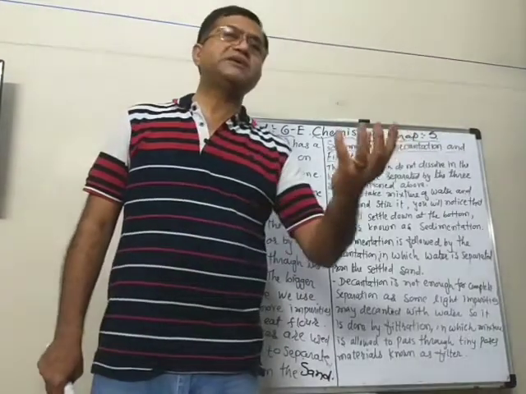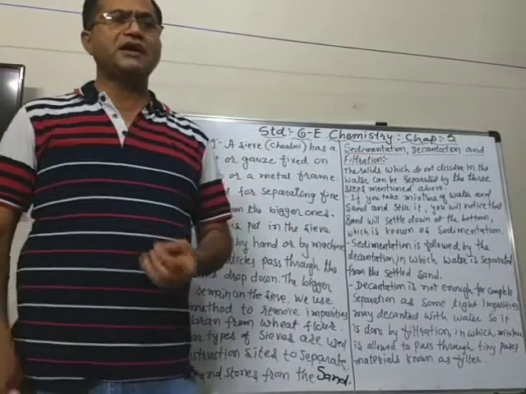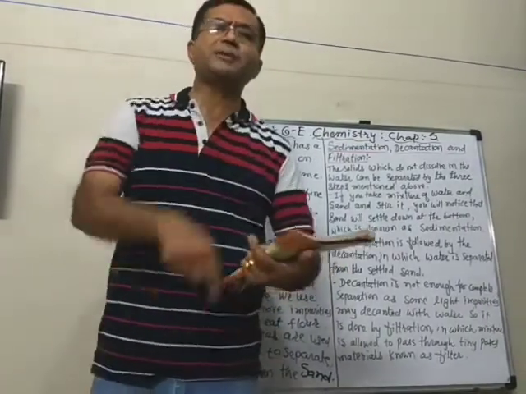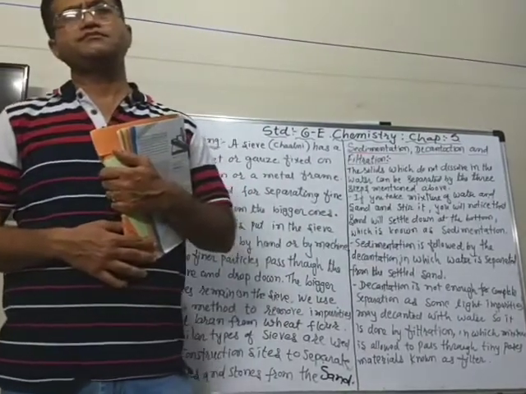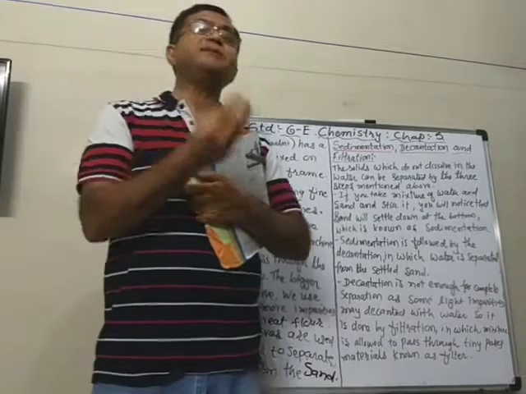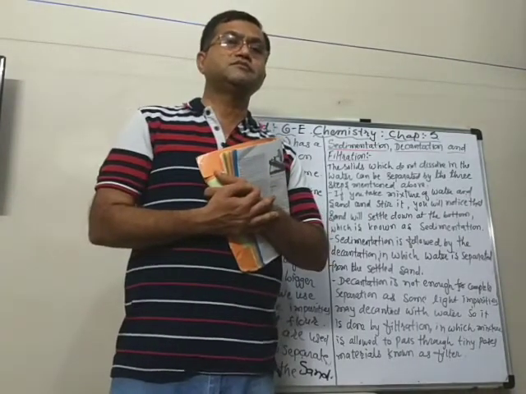We have to take that mixture in a beaker and stir it with some rod or a pencil or something. Then you will see that the sand particles, being heavier, what will they do?